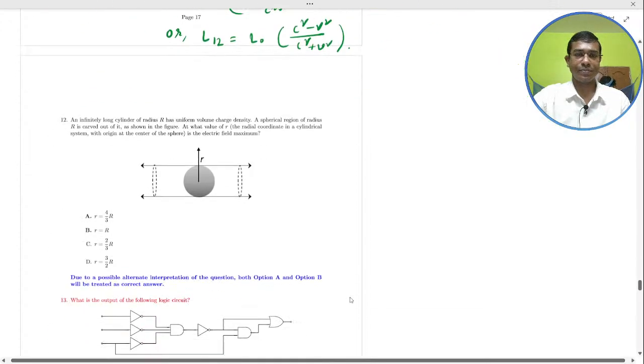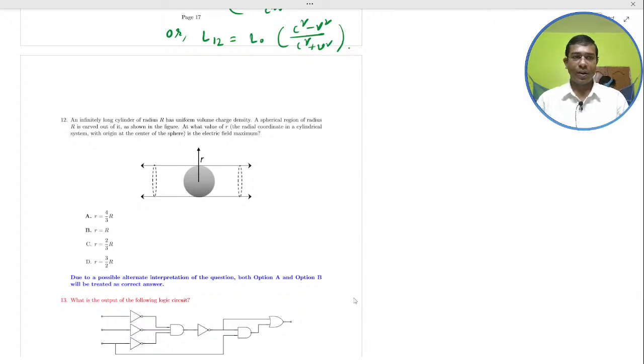Next question, question number 12. An infinitely long cylinder of radius r has uniform volume charge density. A spherical region of radius r is cut out of it, as shown in the figure.